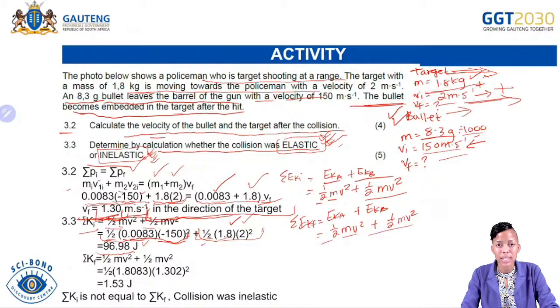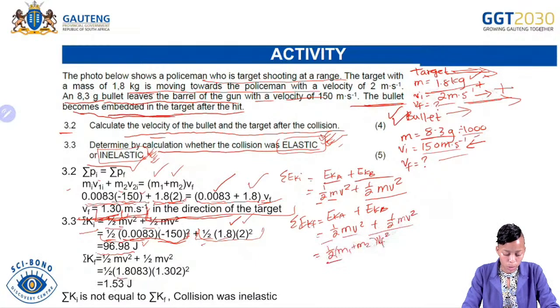We know that the bullet became embedded into the target. So we are going to have one formula of half m1 plus m2 vf squared. We write our half there, and then, but now what do we have?